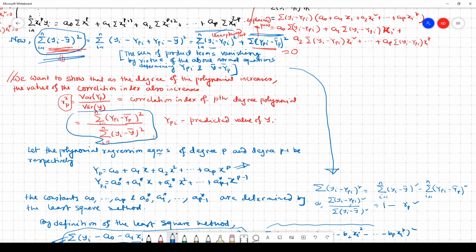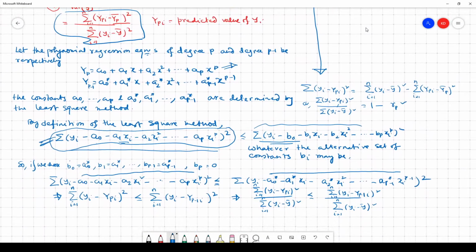Okay, so similarly, this part is 1 minus rp square. Similarly, the right hand side also we can write as 1 minus rp minus 1 whole square.